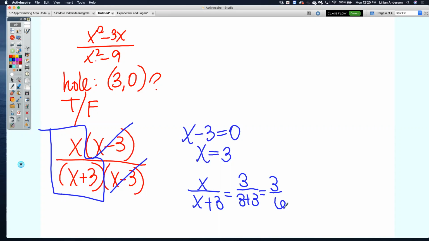So in actuality, my hole lies at 3, 1/2. So true or false? Does the hole lie at 3, 0? False. I picked false, but it said it was wrong. I can definitely go back and check that.